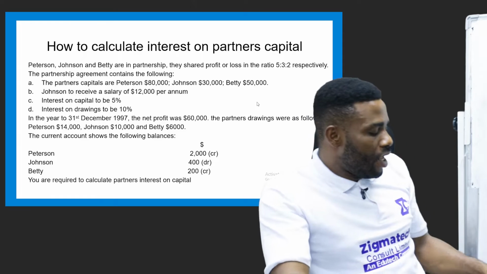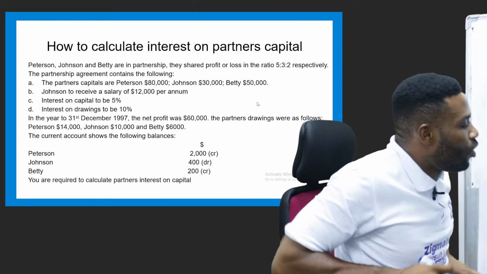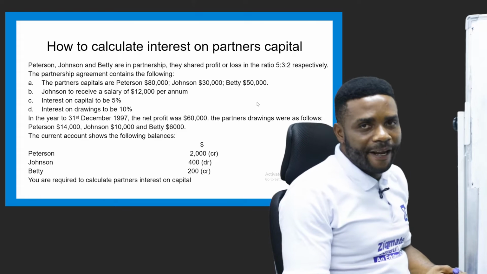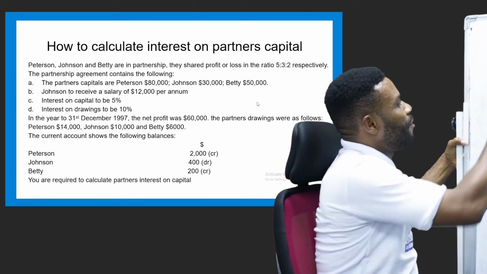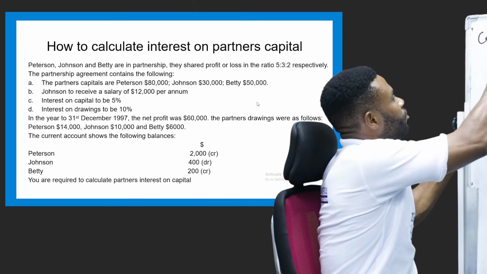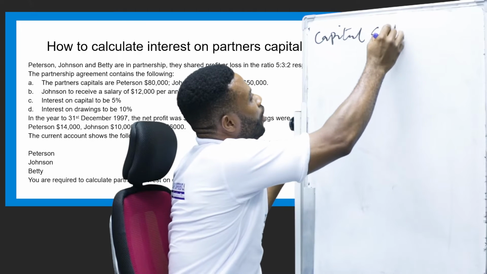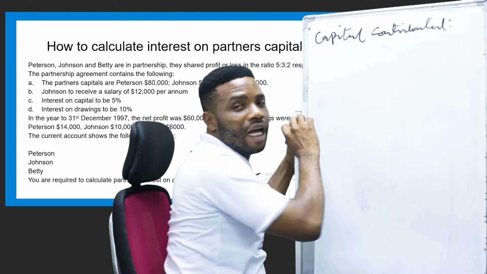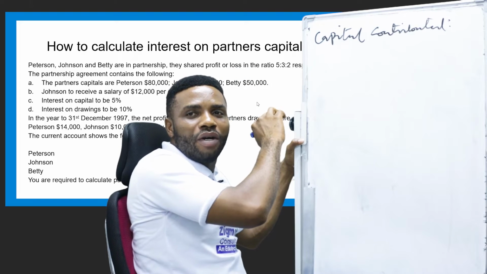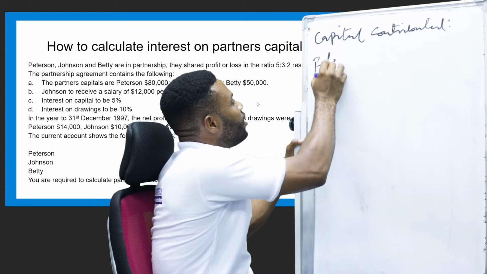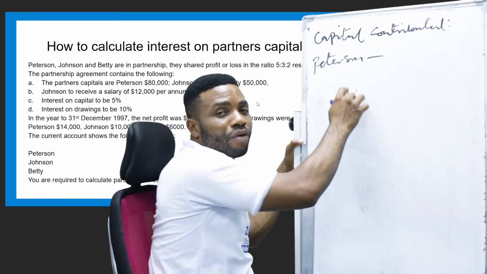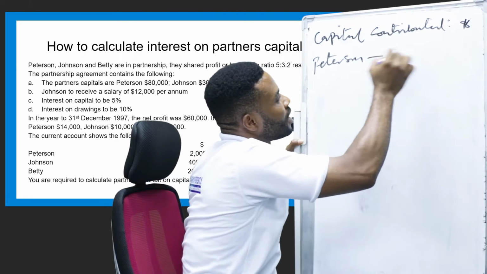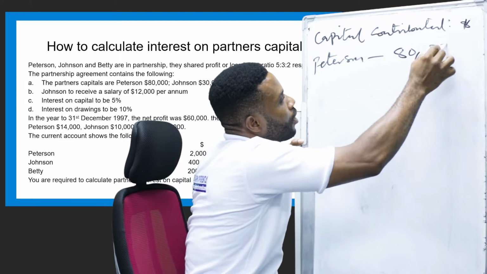So let's quickly do a very small arithmetic on the board to explain what we are saying. Now, capital contributed. How much did Peterson bring? Let's write Peterson. Peterson brought $80,000.